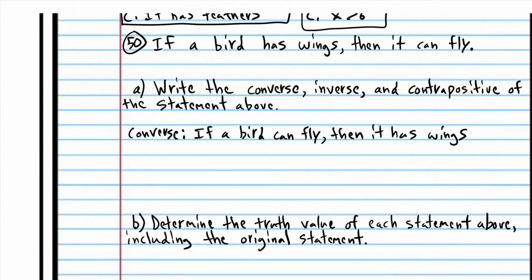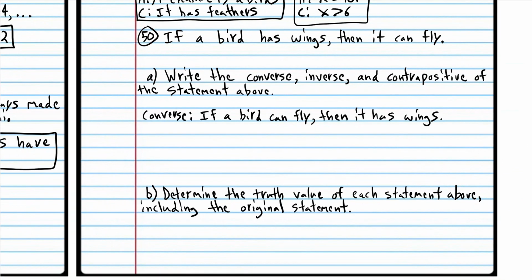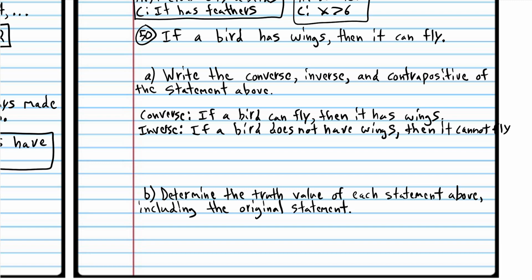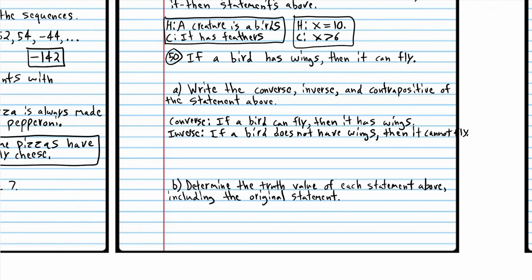That's the converse. And then the inverse. If a bird does not have wings, then it cannot fly. All right, so we just negated everything.